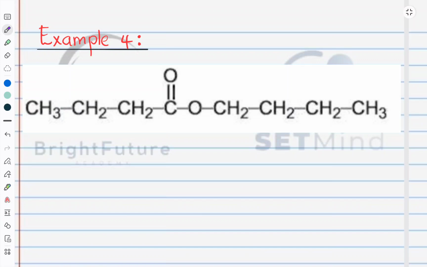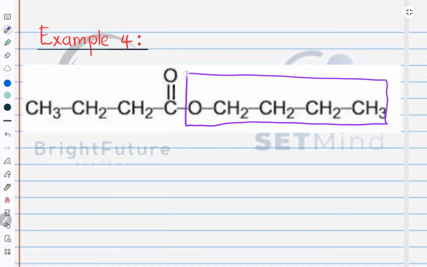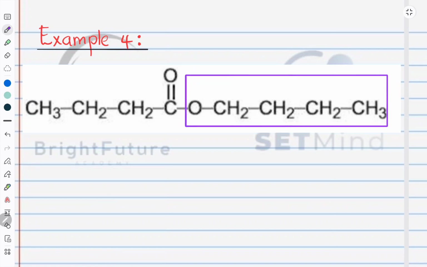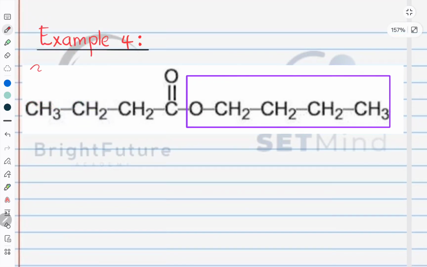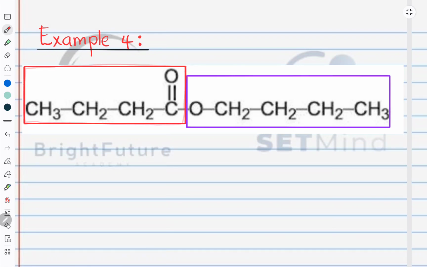It doesn't really matter because it's something that you do on the side or in your mind. The more you practice, you won't even need to draw these boxes that I'm drawing. These are for you to see, right? So this is our alcohol portion. And then this would be our carboxylic acid portion.